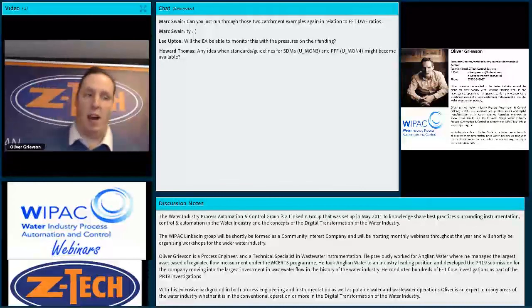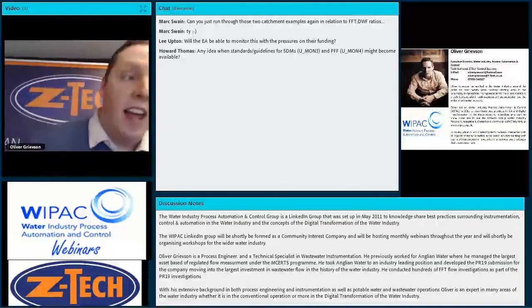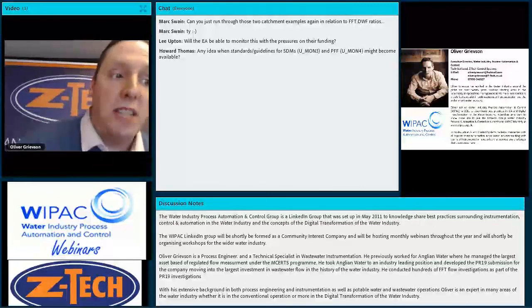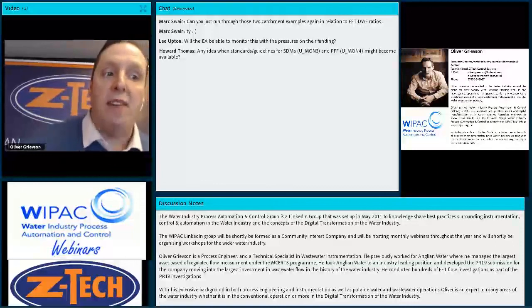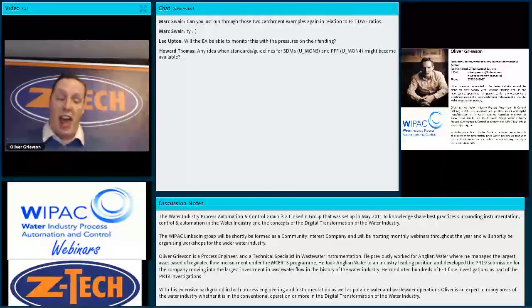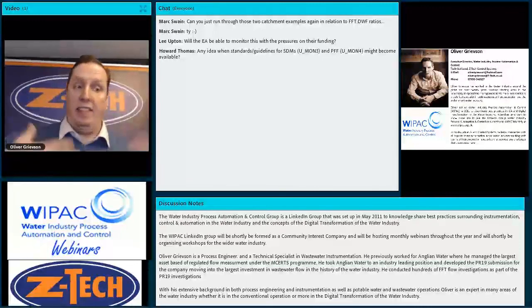Can you just run through those two catchment examples again in relation to FFT to DWF ratios? I did go through that quite quickly, and it's a theoretical situation where you have a very steep catchment in an urban environment, so say concrete, where the water is going to run straight off and go into the sewer.